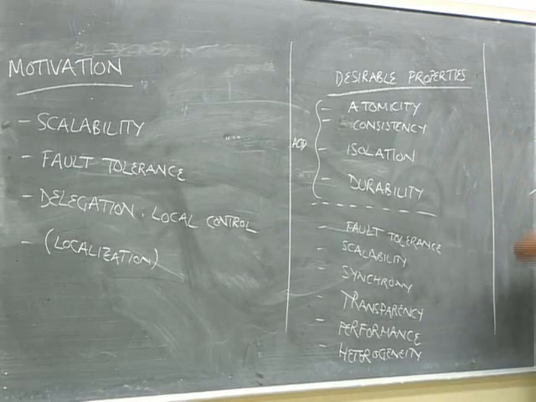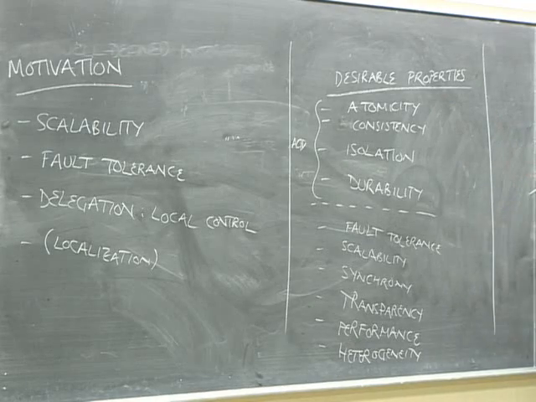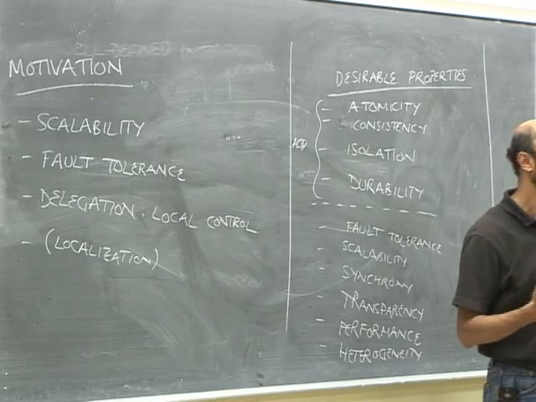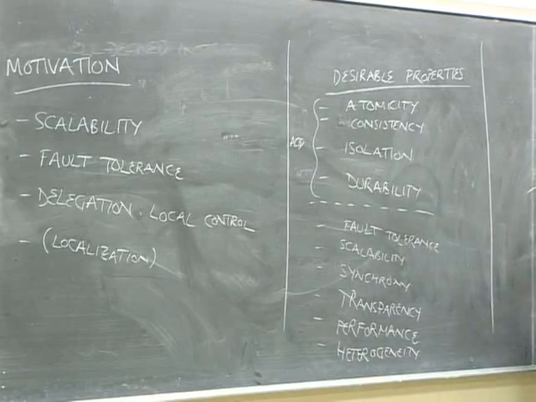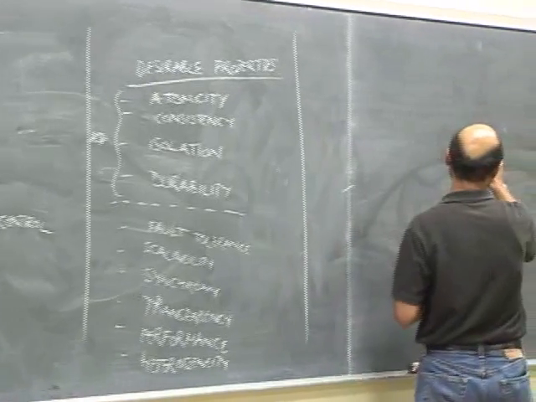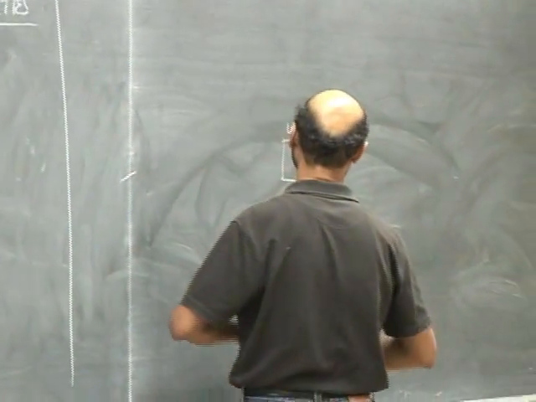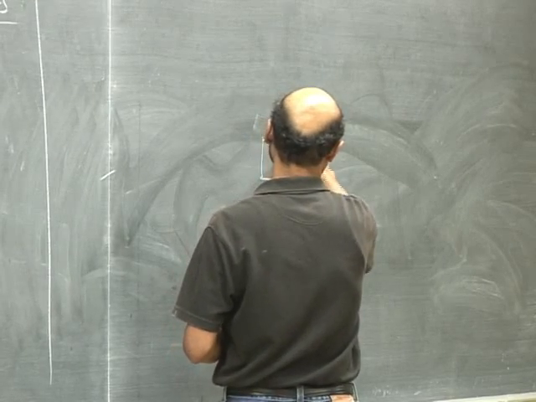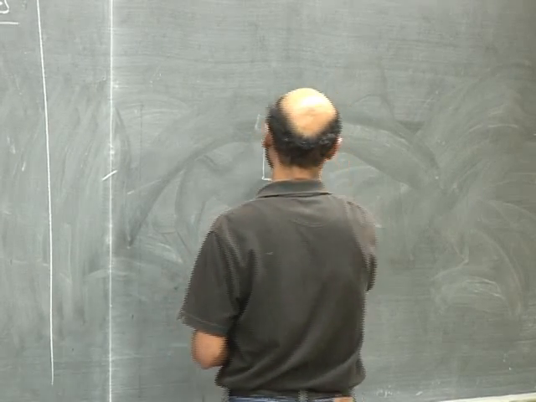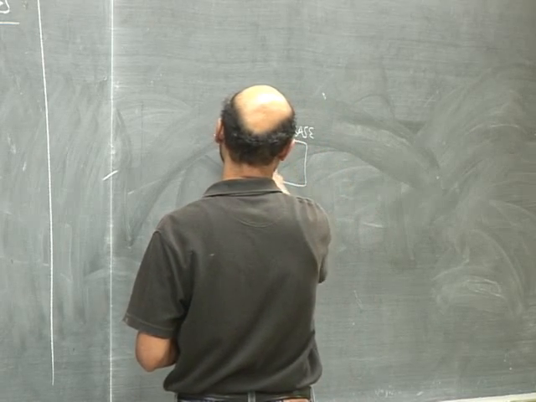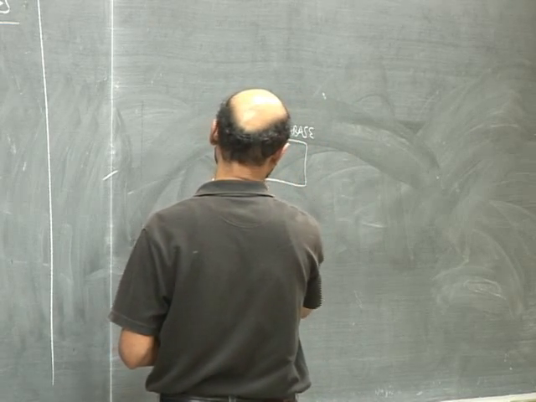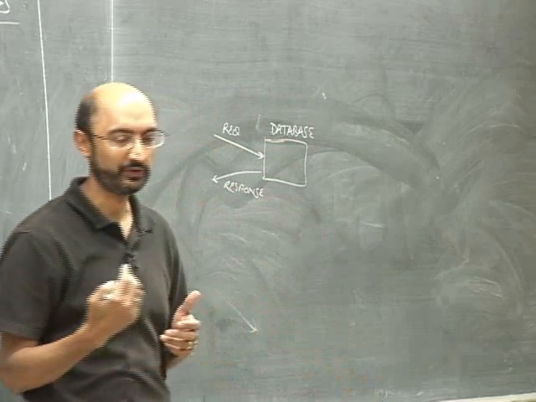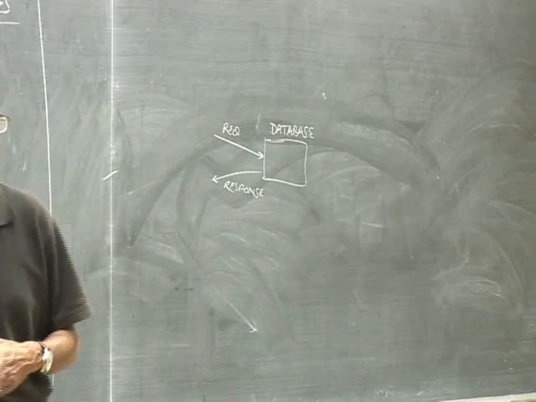Okay, so let me start with these four properties called the ACID properties. The notion we want to have here is that we have a central warehouse, or a database to be more precise. So we have a central database, and it has some request and some response, like we saw before, except that we want this request and response to have a particular form that we call a transaction.